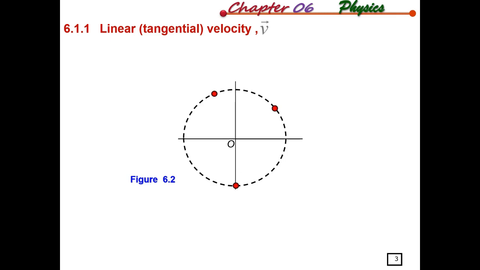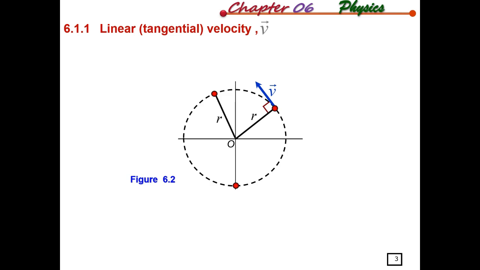In the first position, r means the radius, the distance from the center of the rotation to the body. The blue arrow represents the linear or tangential velocity. Why do we call it linear or tangential velocity? Because the angle between v and r is perpendicular, or 90 degrees. So this velocity is known as tangential velocity.